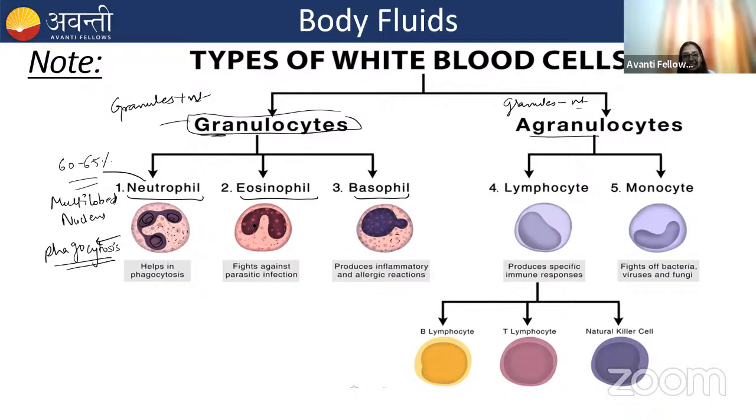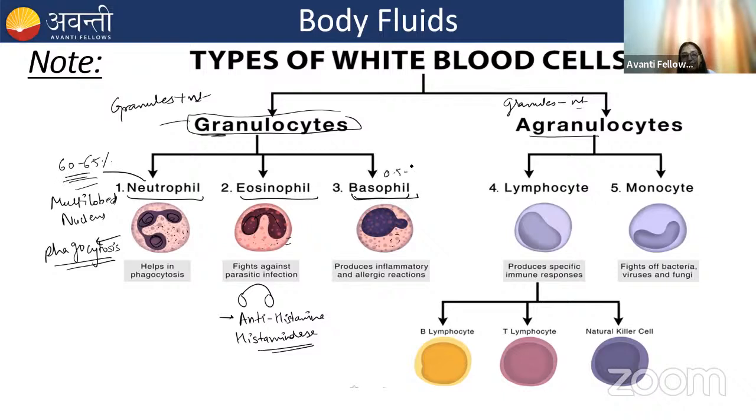Eosinophils have a headphone-shaped nucleus like this. Okay, remember, they release antihistamine or histaminase. Basophil, the largest in number is neutrophil.